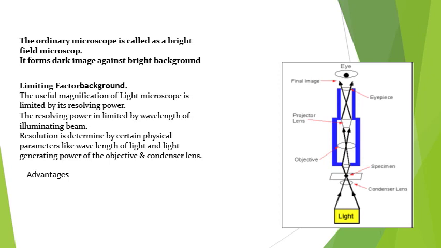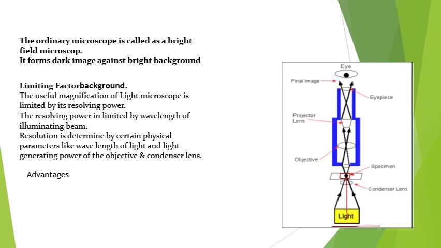So here we have a very simple principle of its working. This one is a source of light. This light then moves towards the condenser. Condenser condenses this light and puts it on a specimen. Here we have a specimen.